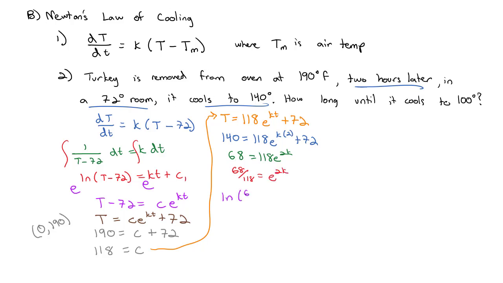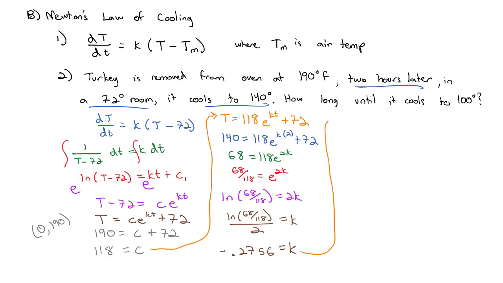Take the natural log of both sides to get out of the exponent. Natural log of 68 over 118 equals 2k. And divide by 2 to get natural log of 68 over 118 divided by 2 is equal to k. Or in our case, k is equal to negative 0.2756.